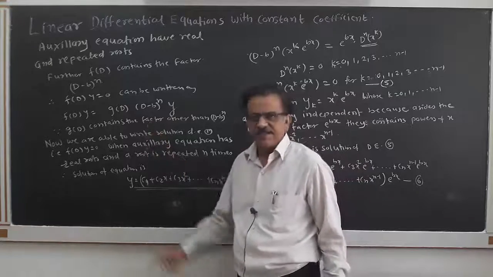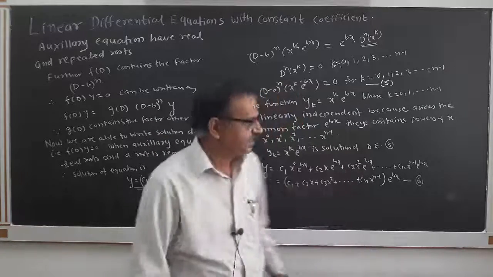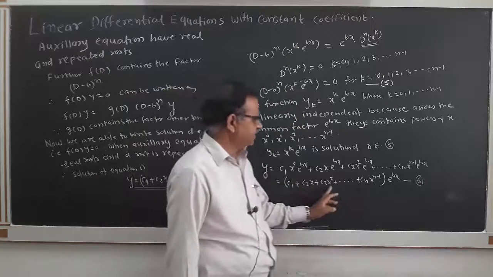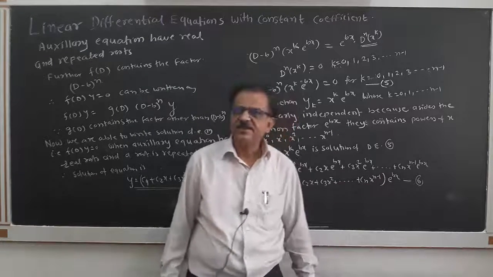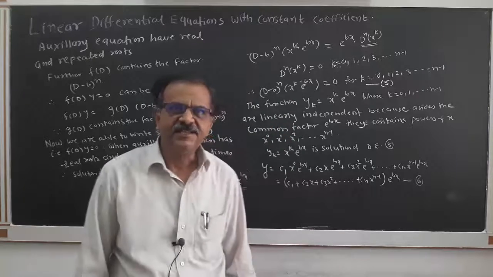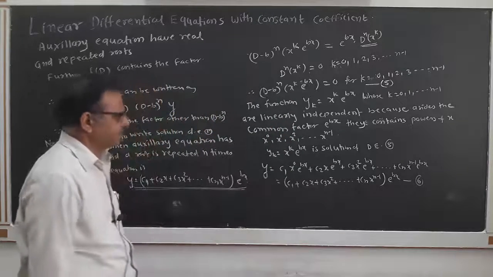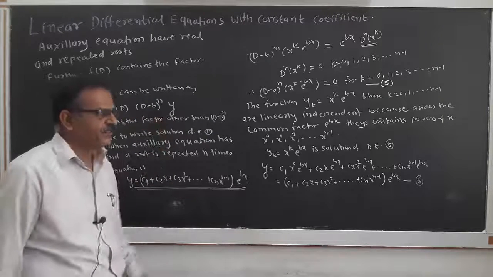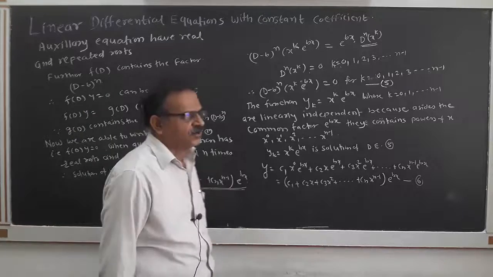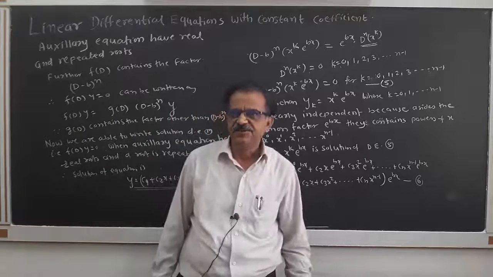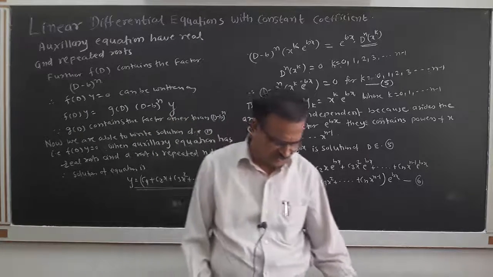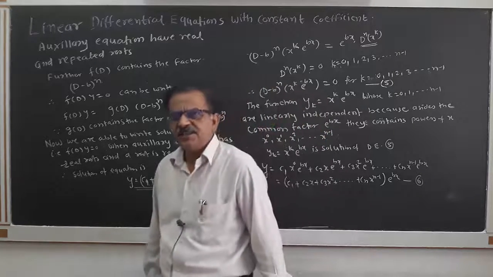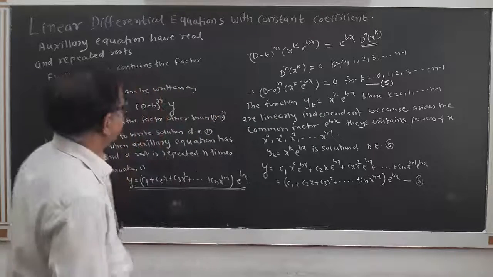Or show that y equal to (c1 plus c2 x plus c3 x square plus cn x raised to n minus 1) into e raised to bx is a solution of the linear differential equation f(D)y equal to 0 when the auxiliary equation has n repeated roots. In this way, questions may be asked on this part. Now, we shall solve some problems on this method.